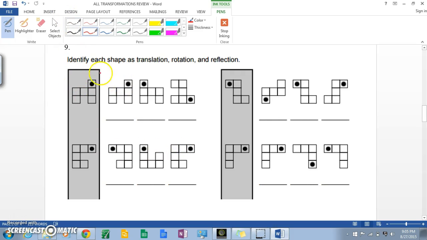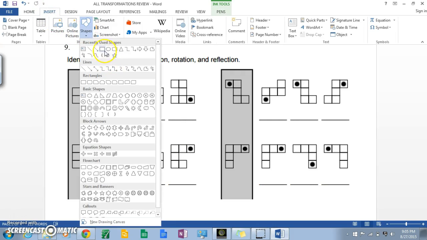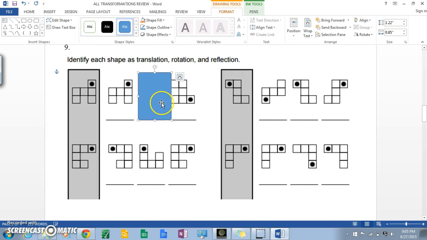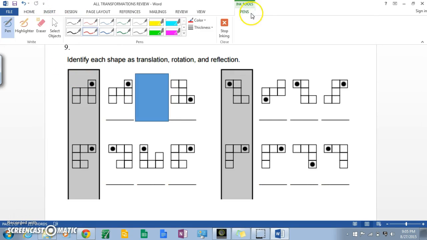9 is something we have not truly looked at, and I'm going to help us out a little bit. Give us a shape. What we are doing, this question is asking us to identify which transformation occurred here.